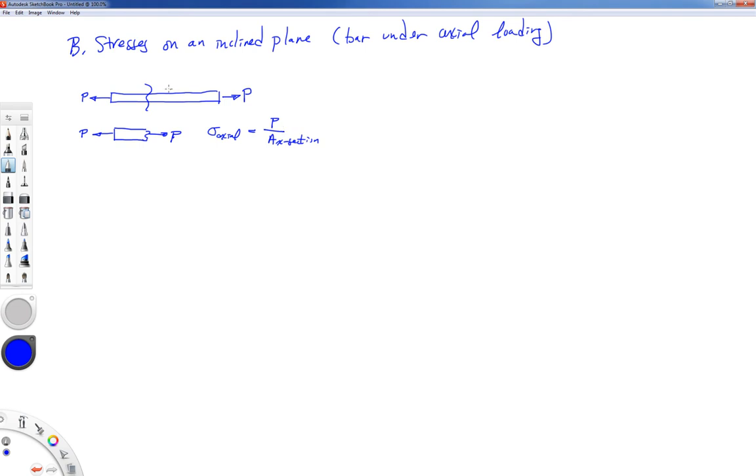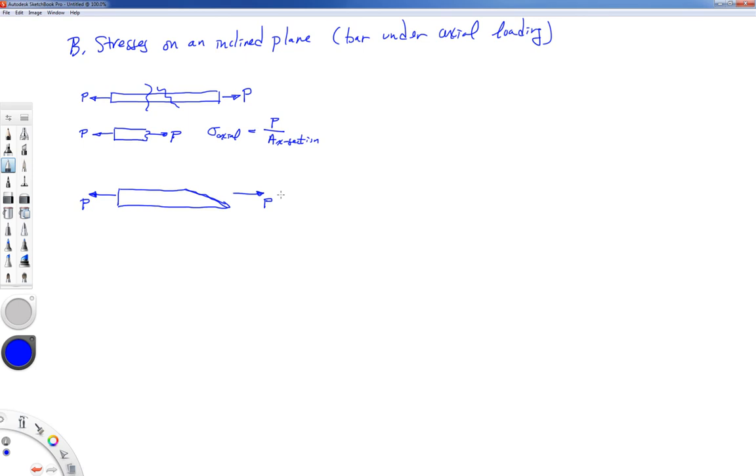If we cut it at an angle, our picture is going to look a little different. Here's my applied axial force. It could be tension or compression. To keep this in equilibrium, we would have to have an equal and opposite axial force P. We're going to do something a little different now.